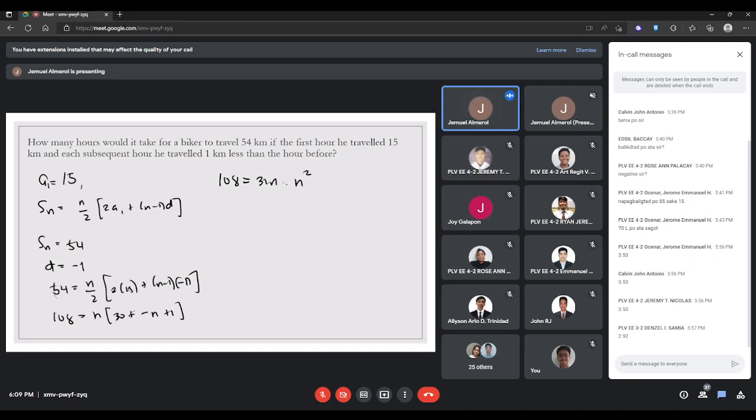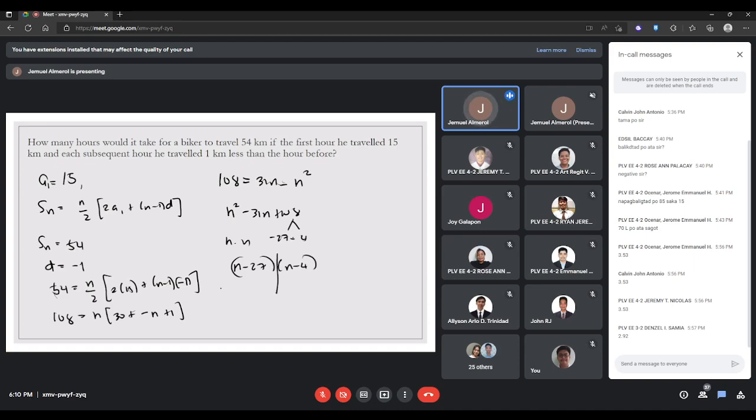Okay? So, transpose lahat sa kabila. N squared minus 31n plus 108. So, ano kayong factors ng 108 na magpuproduce ng 31? Parehong negative dapat yun. I guess 27 and 4 negative. Okay? So, tama. We have n minus 27 and then n minus 4.